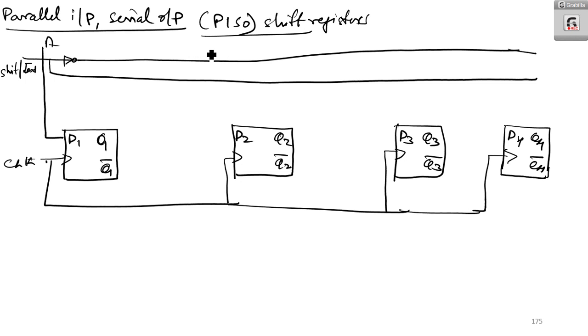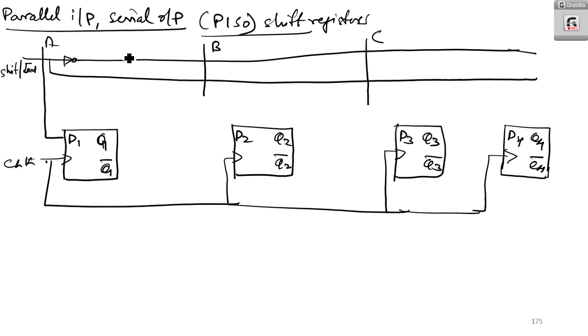You cannot feed in B directly, because Q1 needs to be transferred to D2, as well as B needs to be transferred to D2. There are two things. Similarly, in the case of C, Q2 needs to be transferred to D3, as well as C needs to be transferred to D3.